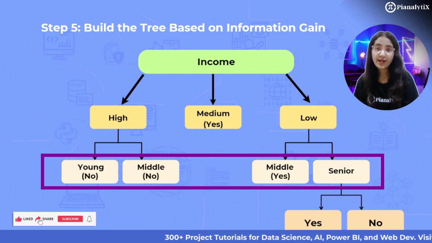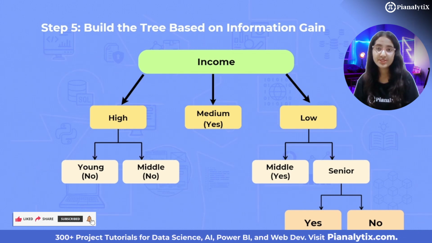Used to further refine the prediction at each branch level. Third, leaf nodes. These are the final predictions where all data points within that group belong to the same class, either 0 or no. This is how the decision tree structure helps classify whether a customer will purchase based on their income and age group.